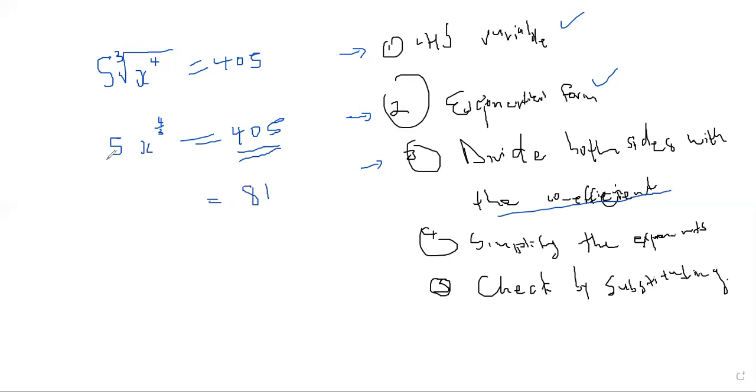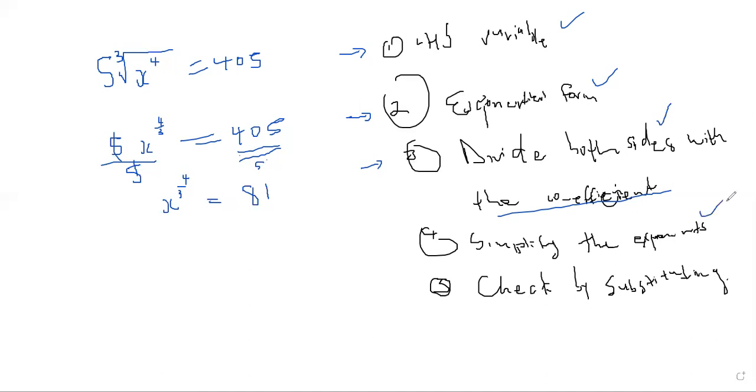Obviously you have to show that you're dividing by 5 on both sides. So this cancels that, and you're left with x to the power of 4 over 3.